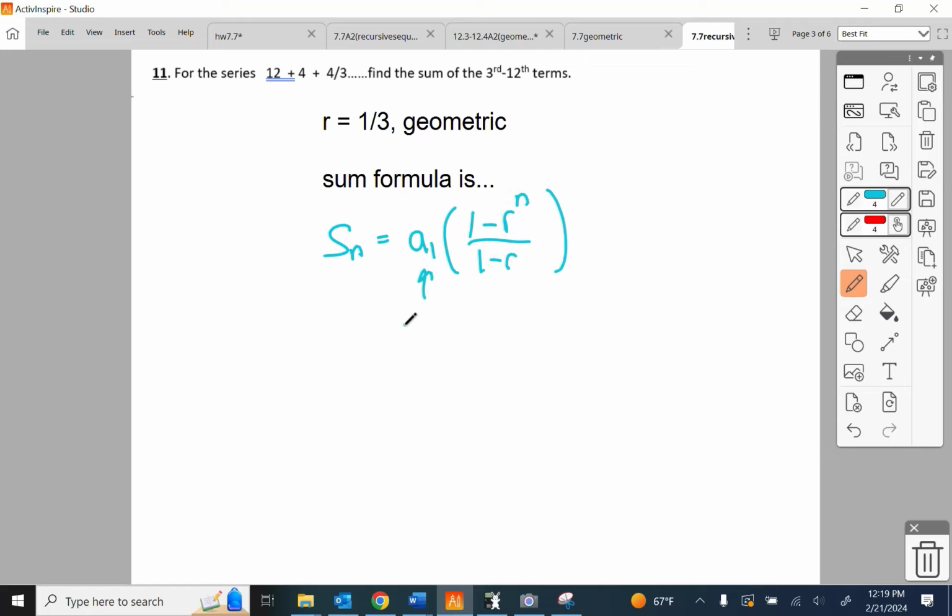Now here's the thing, that's the first term you want. This is 3rd through 12th. That's actually what we're going to use. Now, I need to know the 12th term.